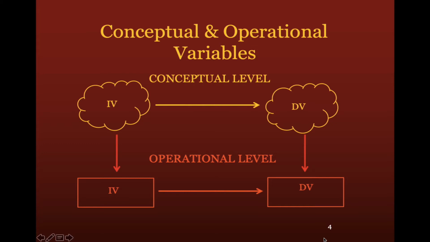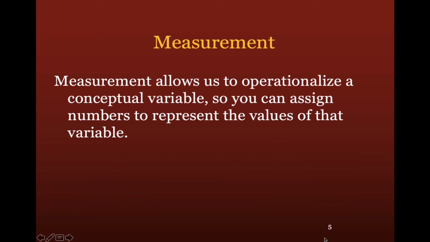And that's how we end up having operational variables, the ways of being able to measure the conceptual variables of interest in a study. Now, the purpose of measurement is to allow us to operationalize a conceptual variable so that we can assign numbers to represent the values for each of the possible values of that variable.